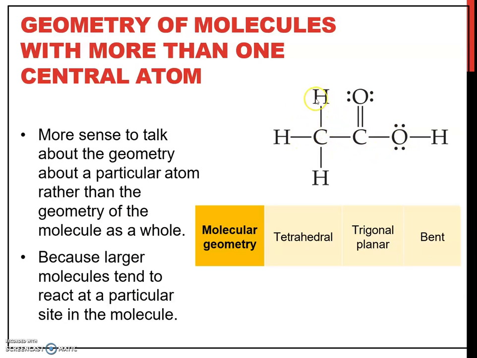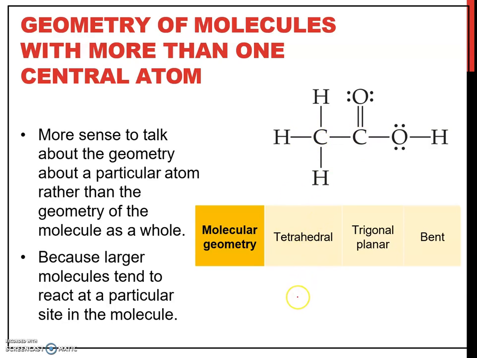So we look at the first here. Actually, this is CH3, C double bond O, OH. So we look at the first central atom, carbon. It is bonded to 3 hydrogen atoms, 1, 2, 3, and 1 carbon atom. So it is tetrahedral because there are 4 bonding pairs.